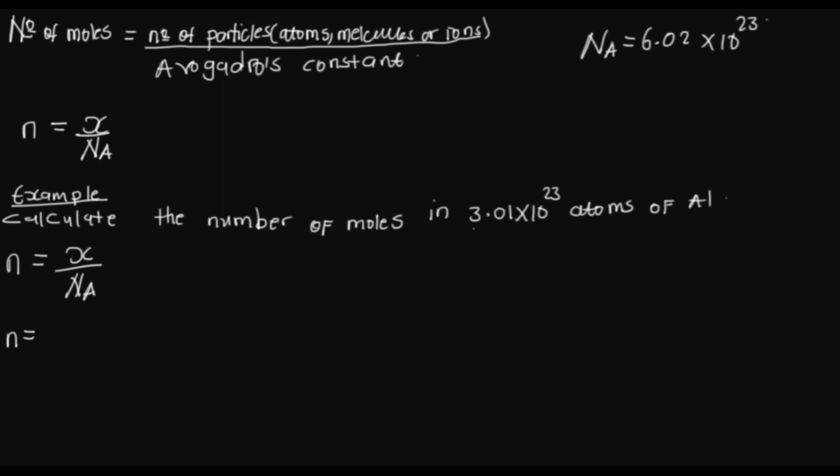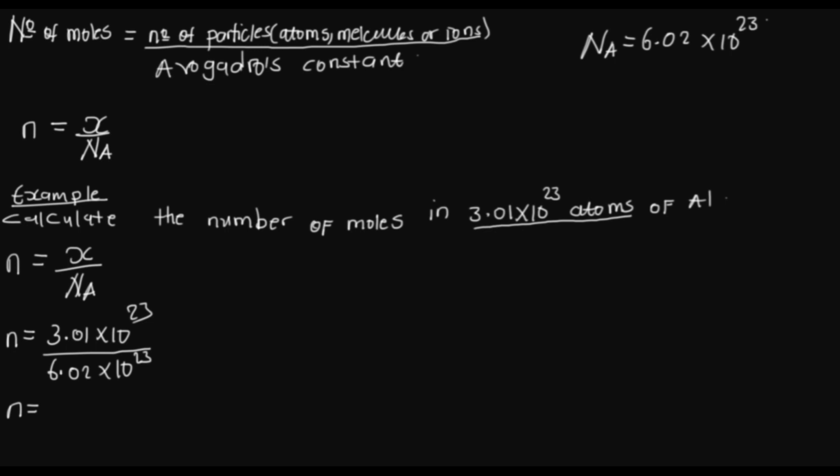So let's now substitute x here. We have 3.01 times 10 to the power 23 atoms. So 3.01 times 10 to the power 23 divided by the constant number 6.02 times 10 to the power 23. So we are going to use a calculator, and make sure that if you are calculating numbers like this, you put them in parentheses or brackets.